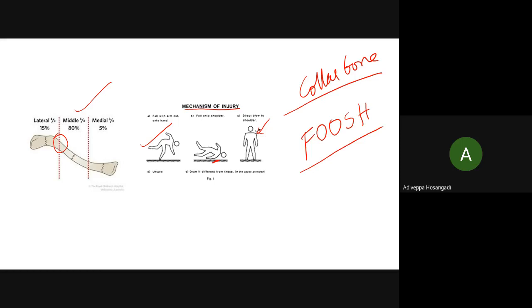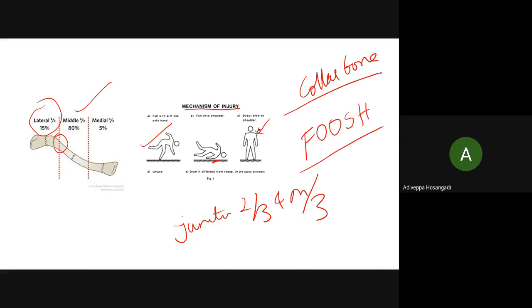Next in commonness is lateral one third fractures.